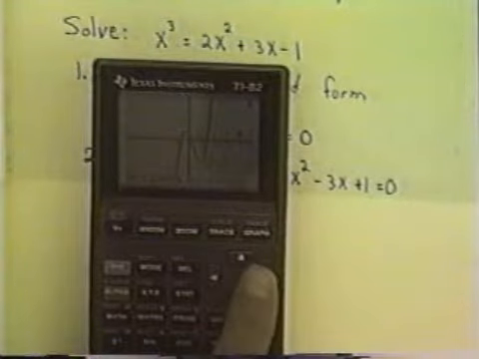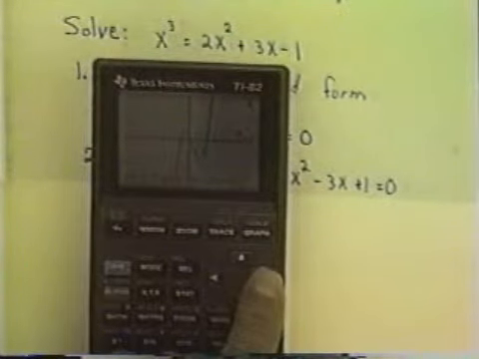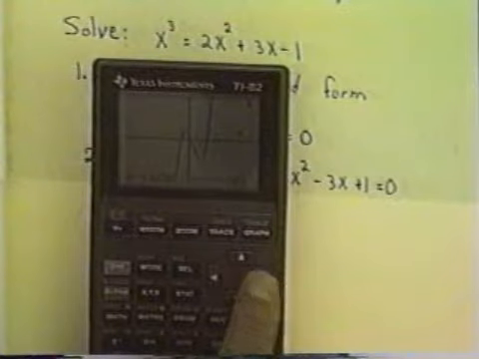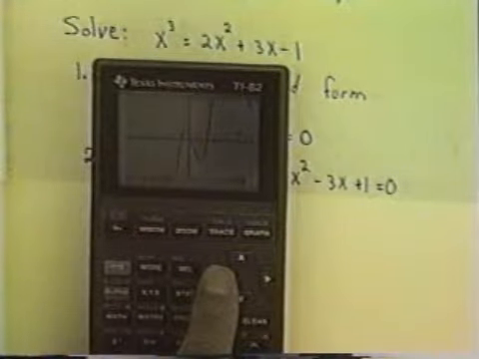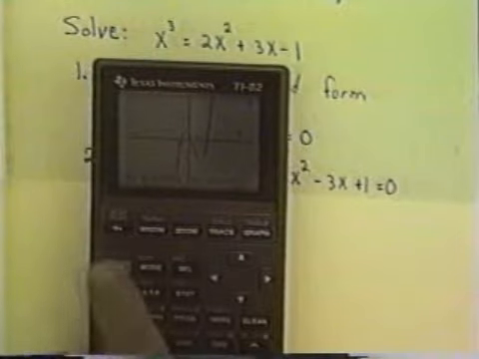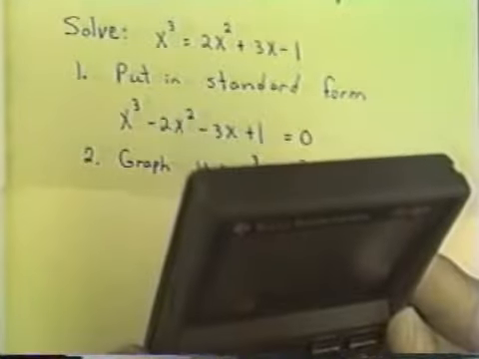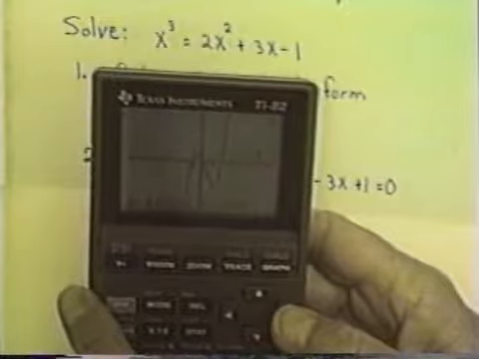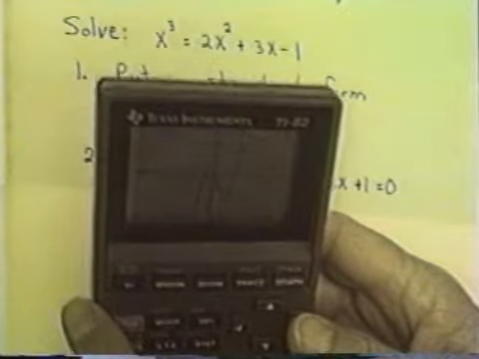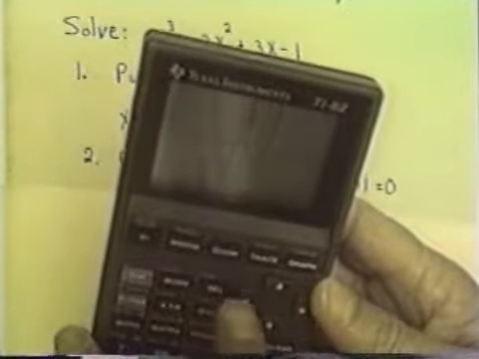I don't know if you can see it, but if you get your own, you can see a little thing there moving around. And now we have that y is a negative 0.5. If I hit the arrow key, I get y is 0.72.